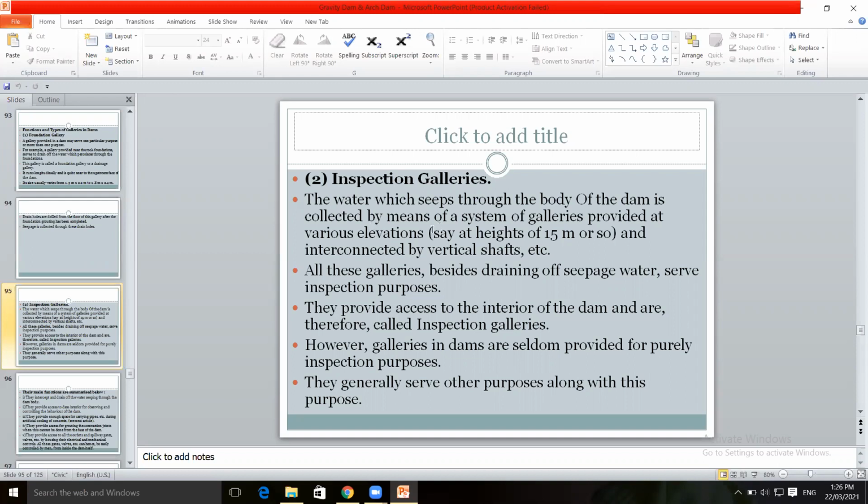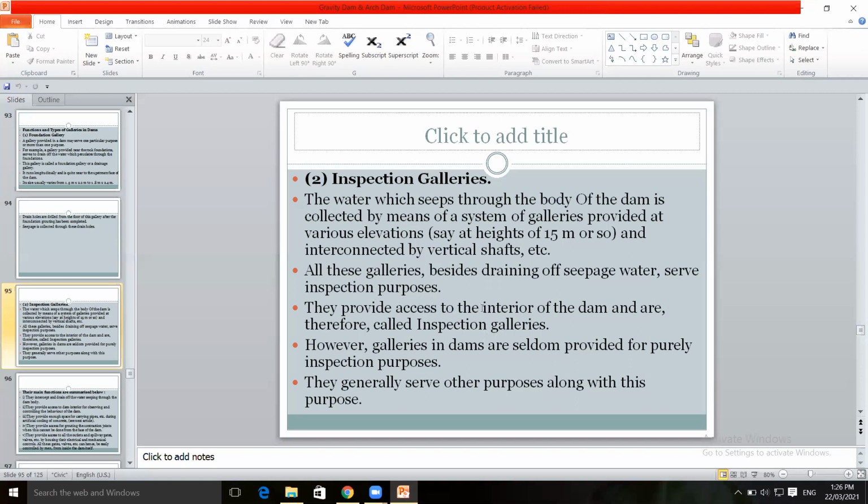Also, it is used for inspection purposes, to observe the seepage of water. So this is the purpose of providing inspection galleries, and they provide access to the interior of the dam and are therefore called inspection galleries.